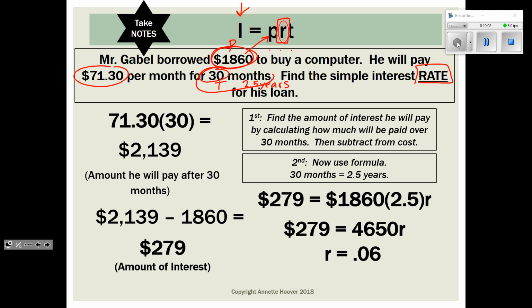This time it's a decimal. In order to find the percentage rate, we have to multiply times 100, which moves the decimal over 2 places. So he paid 6% interest on what he borrowed. And yes, that did take several steps, but welcome to math in the real world. You have to think a little bit.